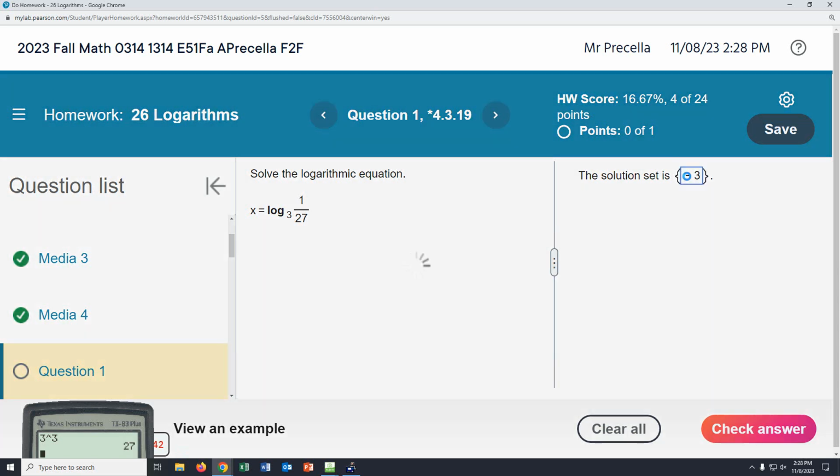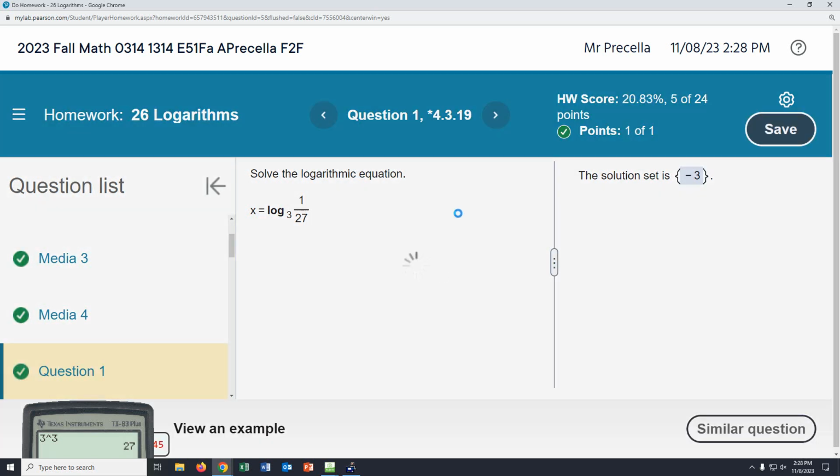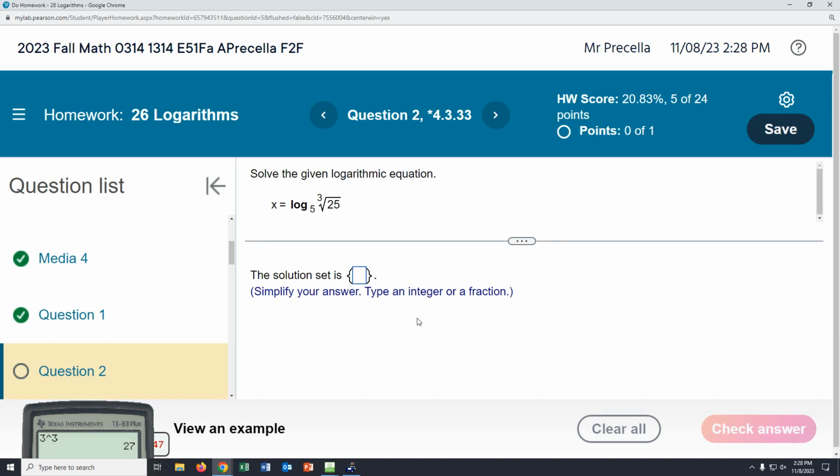Number 2. I said to add this to your bag of tricks: when you run into a radical with a logarithm, you have to rewrite that radical. Oh, wait. It's a log base 5. Mark that all out.